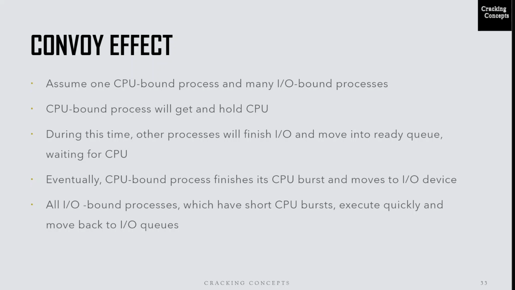During this time, all the other processes will finish their IO and move to the ready queue, waiting for the CPU. While the processes wait in the ready queue, the IO devices are idle. Eventually, the CPU bound process finishes its CPU burst and moves to an IO device. All the IO bound processes, which have short CPU bursts, are executed quickly and move back to the IO queues.